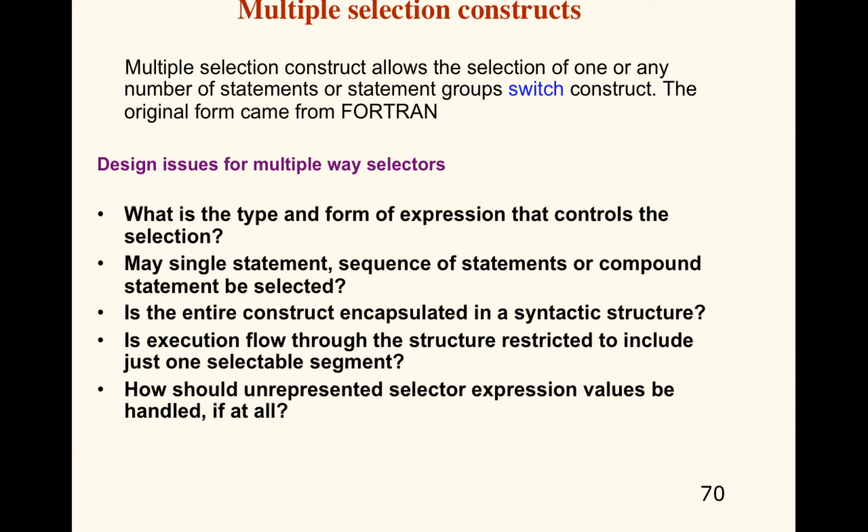Compound statements mean you're calling a function or another grouping of statements that run together. They're all compounded and encapsulated together in the form of a function or a loop or something. Very similar to a sequence of statements, because compound statements generally include a sequence of statements.